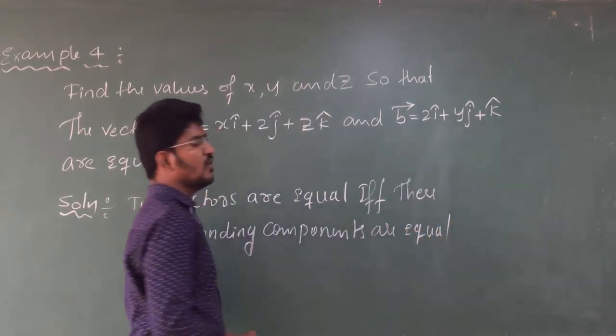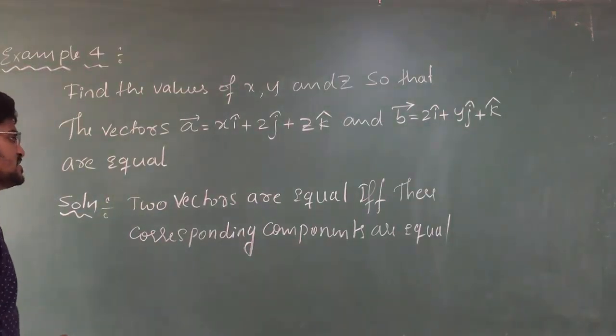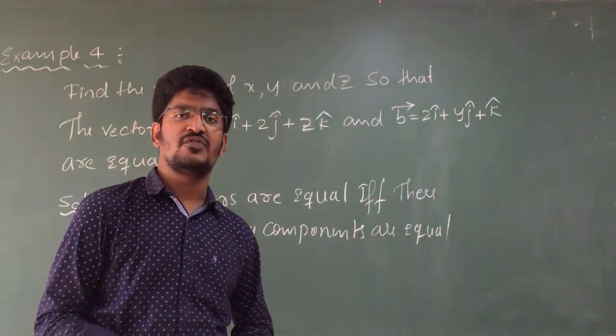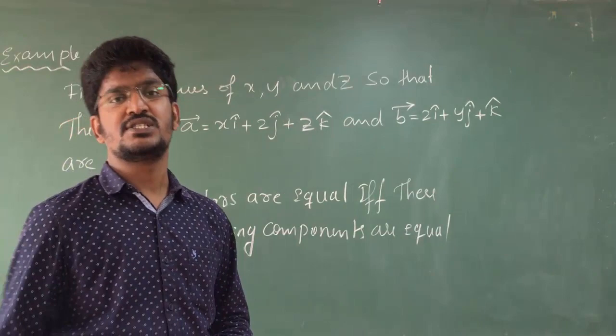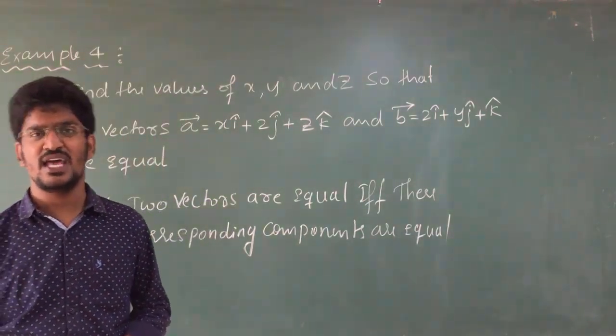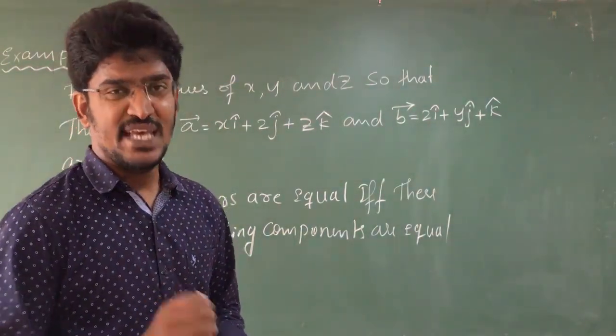So we all know this notation, that is two vectors are equal if and only if their corresponding components are equal. That means they are in the same direction and they are having same magnitude.